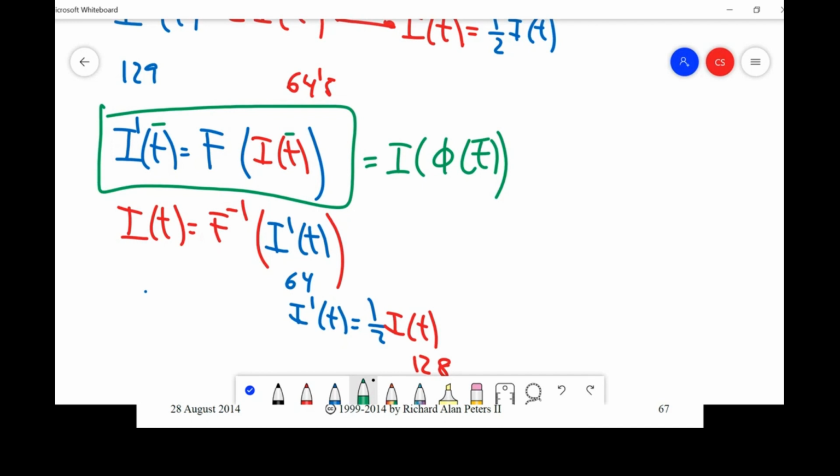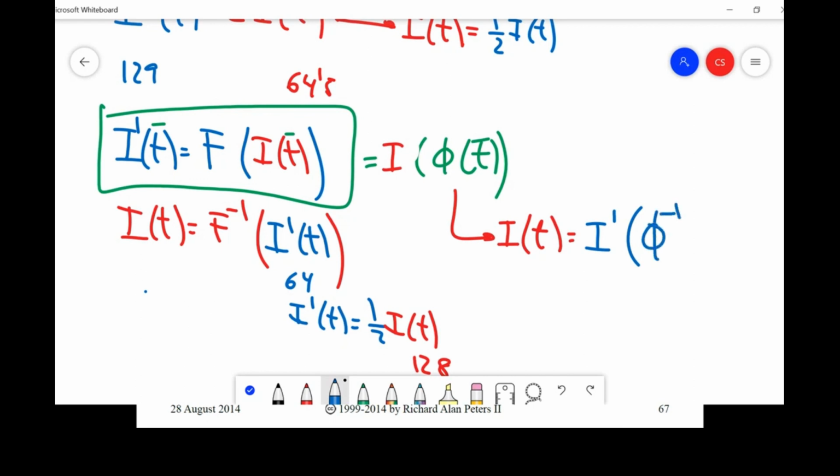How to invert that? I can invert it. Let's make it more clear with colors. This is the image that you are interpolating. You can invert that function. I want to get I again. So you are given I prime and you want to get I again. So I at t is I prime at phi minus 1.